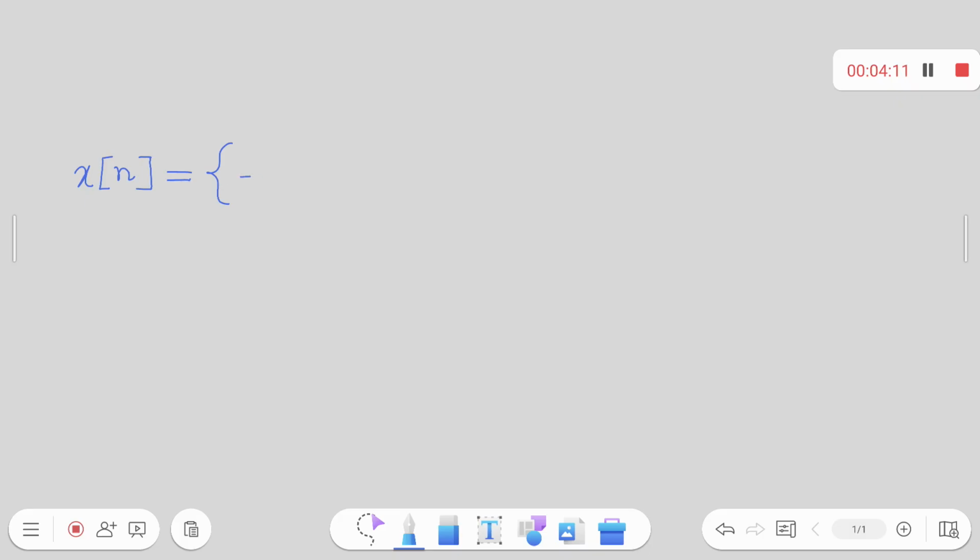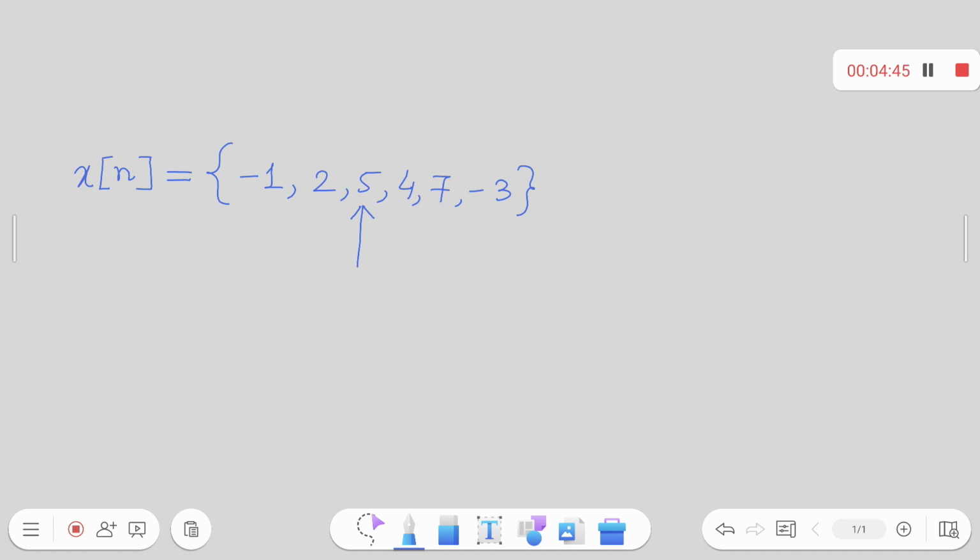Let's call it -1, then 2, then 5, then 4, then 7, then -3, and suppose that is the end. That is the sequence. We have 1, 2, 3, 4, 5, 6 elements, and let us assume that this one is x of 0. Typically, this is identified by this arrow. Whenever you have this arrow, it signifies that this is basically x of 0. So therefore, this x of 0 is equal to 5.